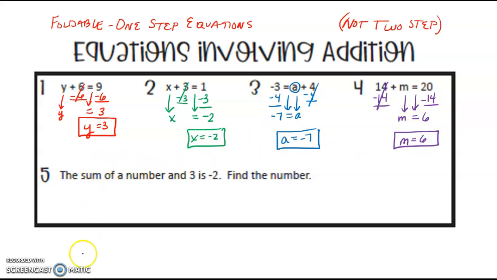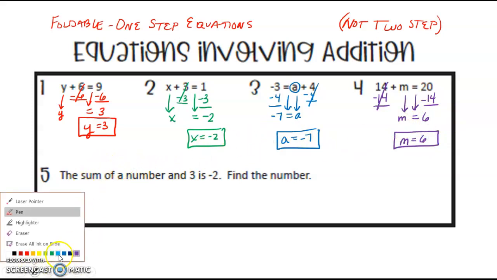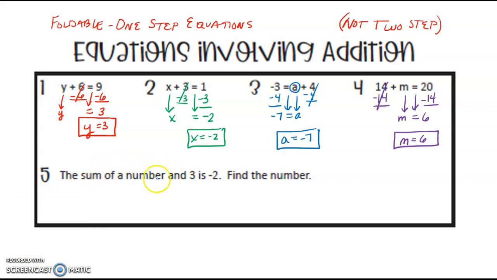Okay, and then number 5, it says the sum of a number and 3 is negative 2. Find the number. So the sum of a number, x, and plus 3 equals negative 2. So now I can do exactly what I've been doing in the top.